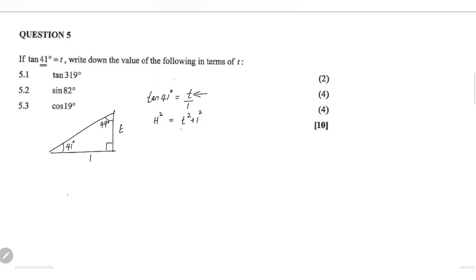Therefore, hypotenuse is equal to, I am writing capital H to represent hypotenuse, or you can write x there, it's up to you, the square root of t squared plus 1. So I got the hypotenuse: square root of t squared plus 1. I hope you understood up to here.